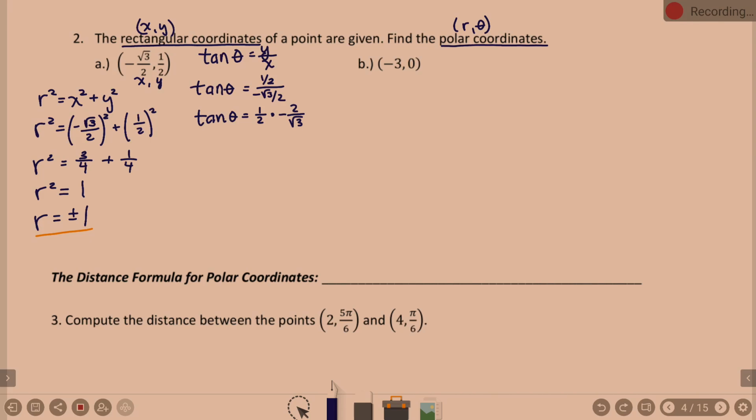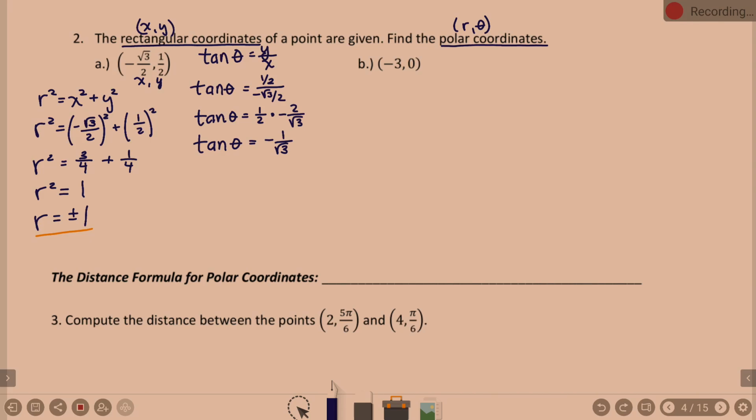See, I don't mind cross canceling here. What does that become? 1 over negative square root of 3, which would really be negative square root of 3 over 3. Okay, pause there. So we cross cancel the 2's. You guys with me for negative 1 over square root of 3?